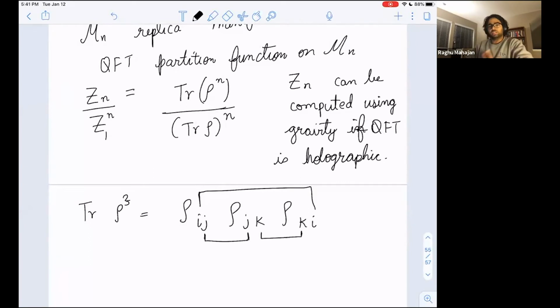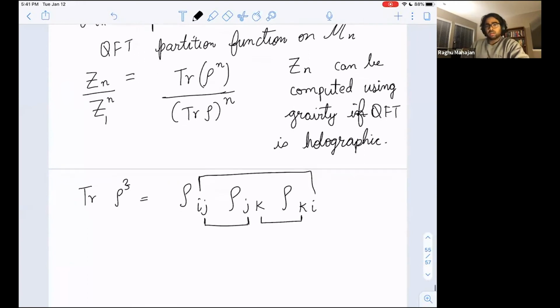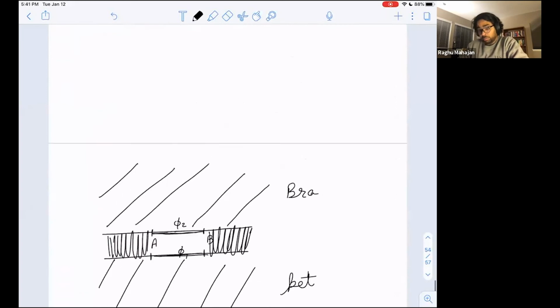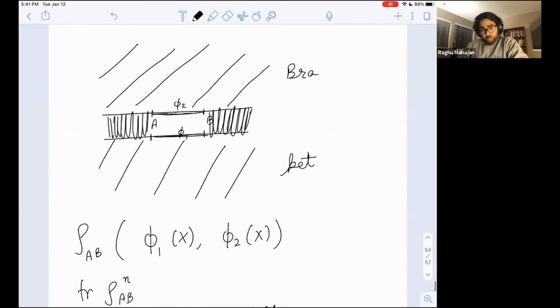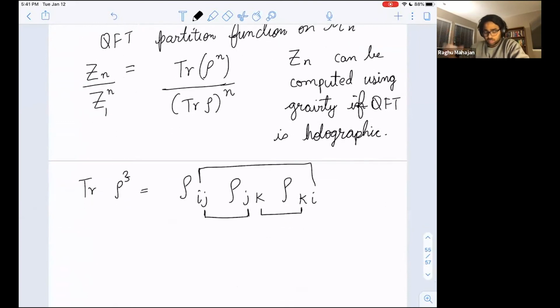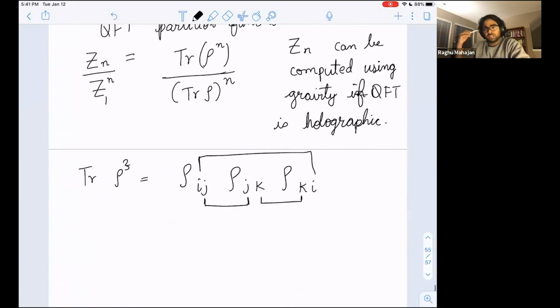This is following in the footsteps of Lewkowycz and Maldacena. The thing that has to be emphasized is that this replica trick is done on the boundary. Entropies are usually defined in non-gravitational theories, and they live on the boundary. So essentially, we set up some boundary conditions at infinity.